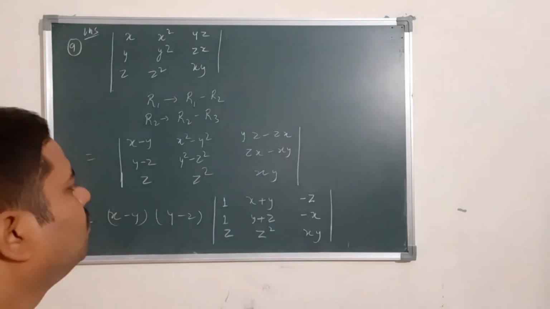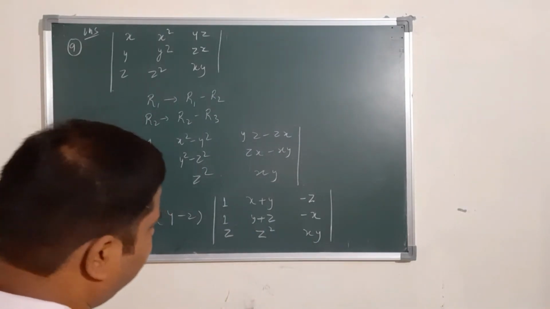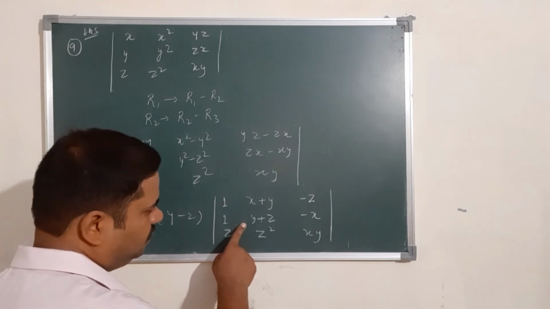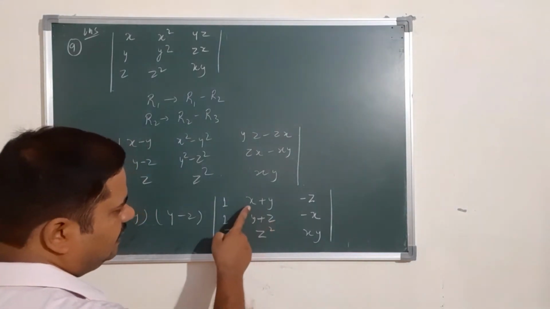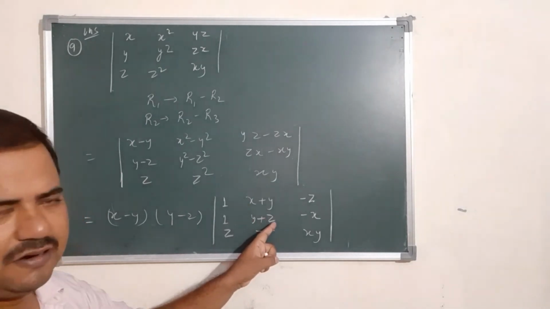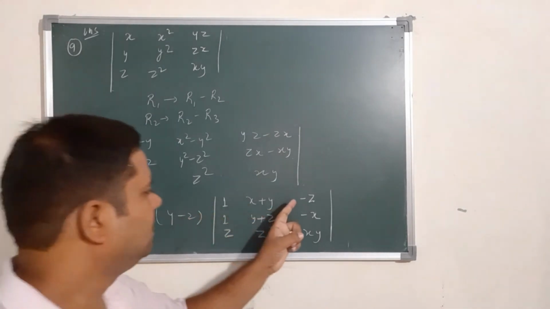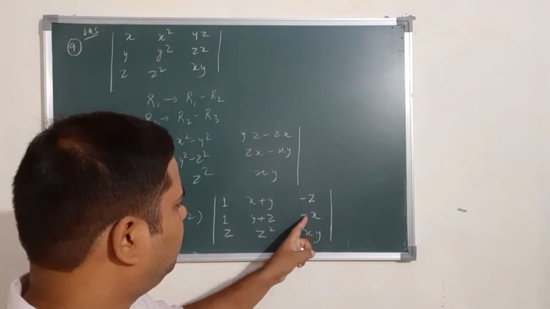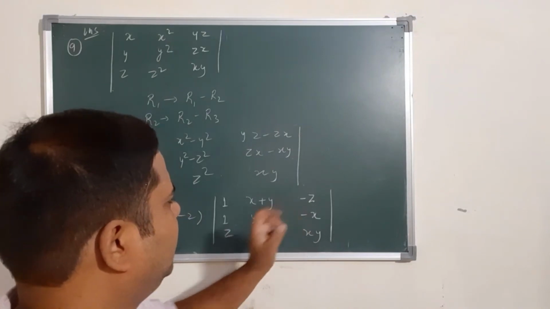Now again we apply r1 minus r2, then we will see here this is z minus x minus z. Otherwise you take z minus of minus, so x minus z.